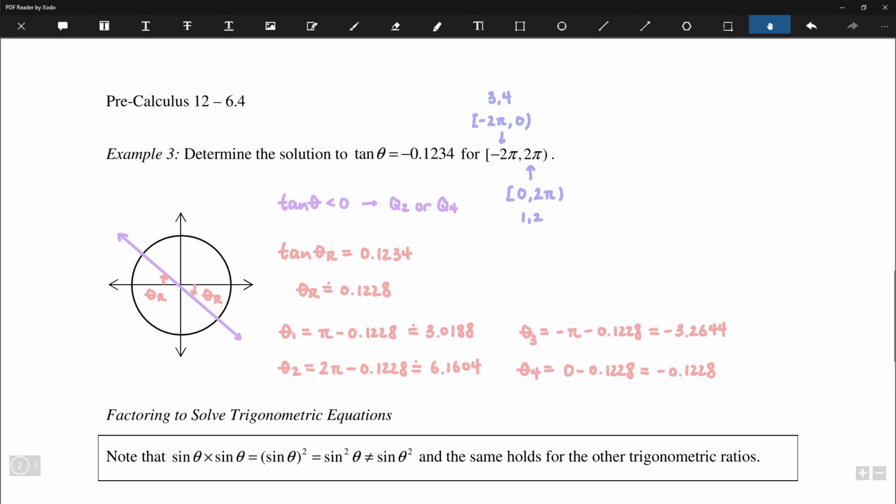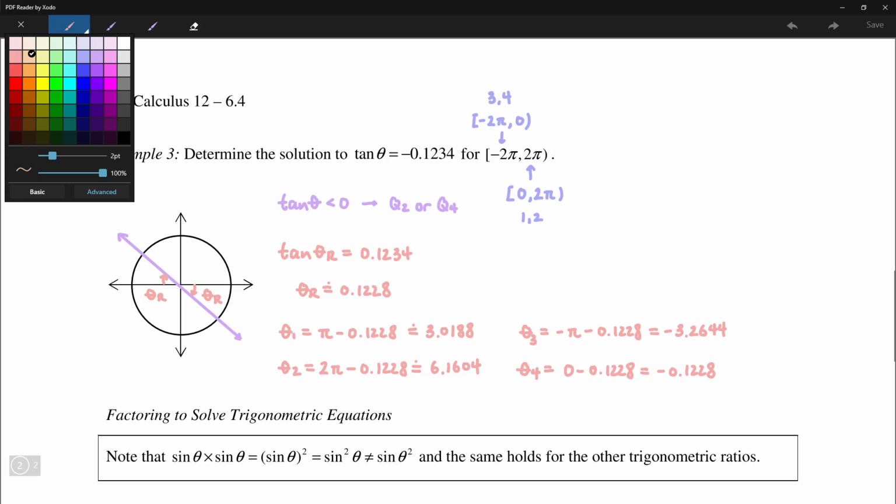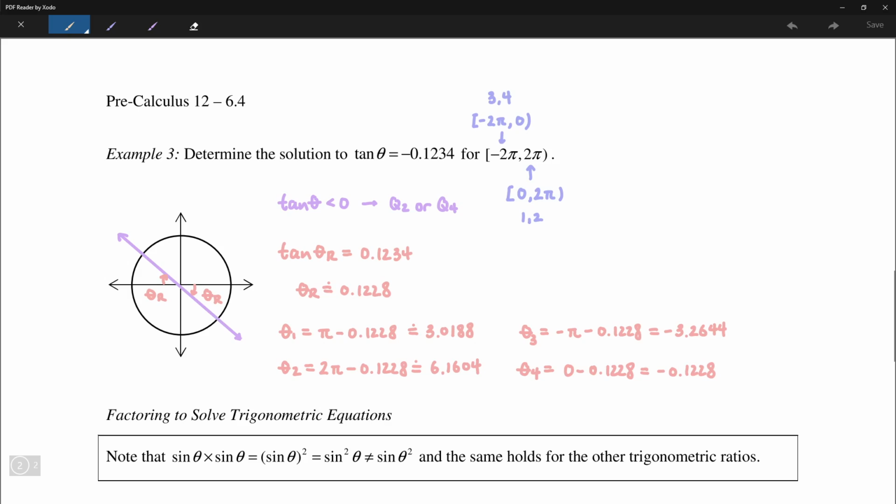Right, just to summarize what we looked at in this question. First step is to determine what quadrants the solutions will be in based on the fact that tangent theta is negative. That's what we did first. Second thing is to use the positive value to determine the reference angle using a calculator in this case, because negative 0.1234 is not a special triangle number.